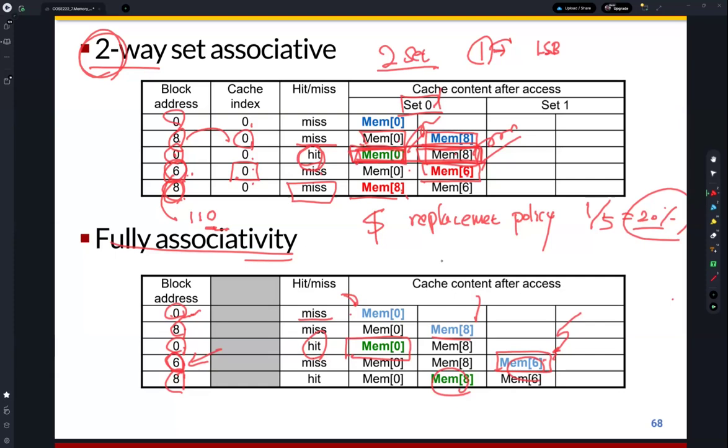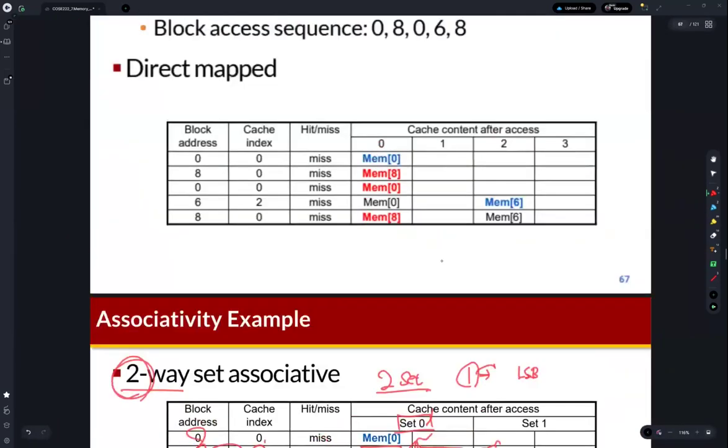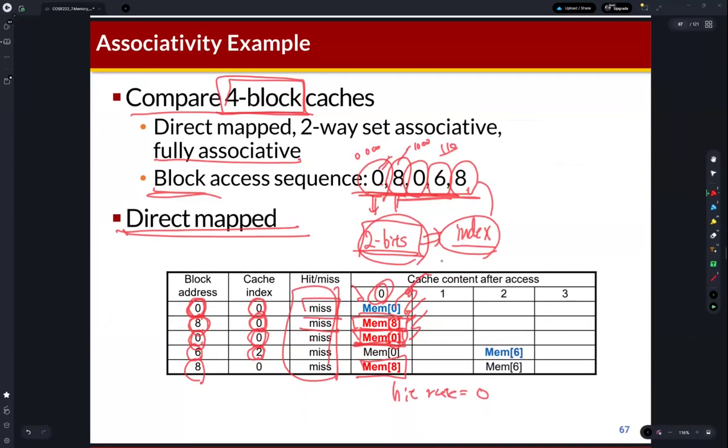So what is the hit rate of this fully associative cache? It's 2/5, it's 40%, right? To understand, using this example, I showed the performance differences in the direct mapped cache, two-way set associative cache, and fully associative cache.